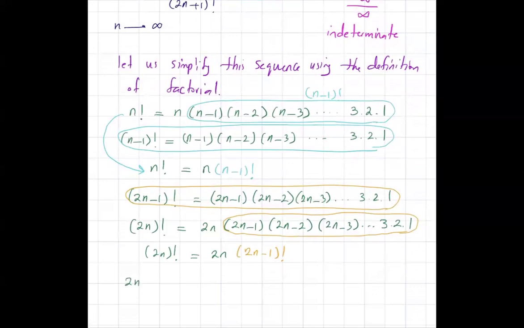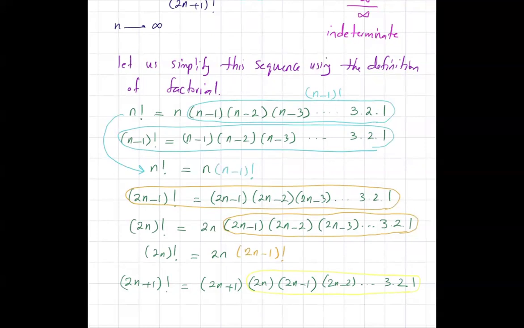What if I ask you to calculate (2n plus 1) factorial then? If I ask you to rewrite (2n plus 1) factorial, you copy down 2n plus 1 times 2n times 2n minus 1 times 2n minus 2 times 3 times 2 times 1. Well, I end up with the multiplication of 2n times 2n minus 1, 2n minus 2, times 3 times 2 times 1, that I already know is equal to (2n minus 1) factorial.